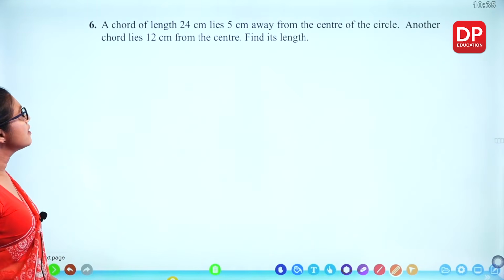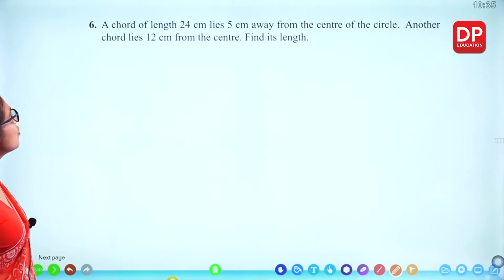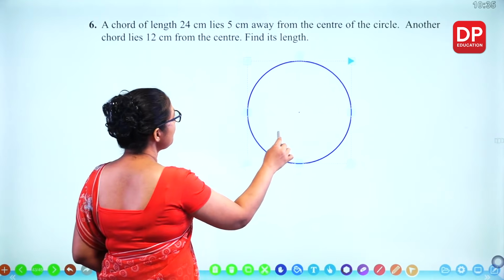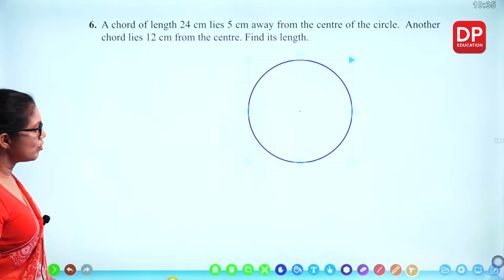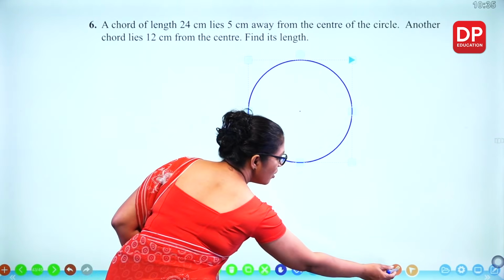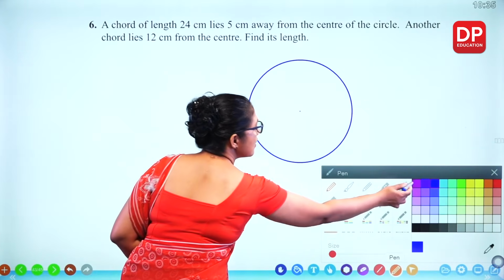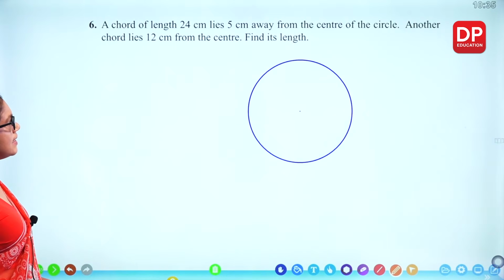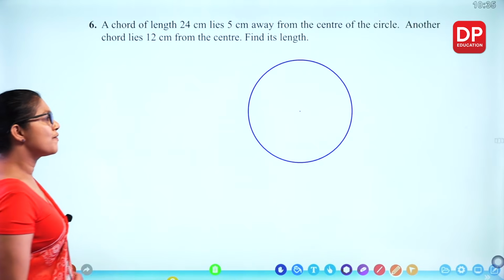Now we'll look at question number 6. This is also about a circle. So we'll take a circle and try to draw the given information. A chord of length 24 centimeters lies 5 centimeters away from the center of the circle.